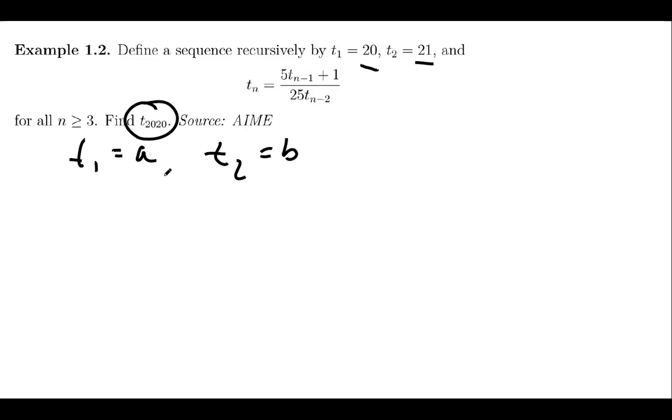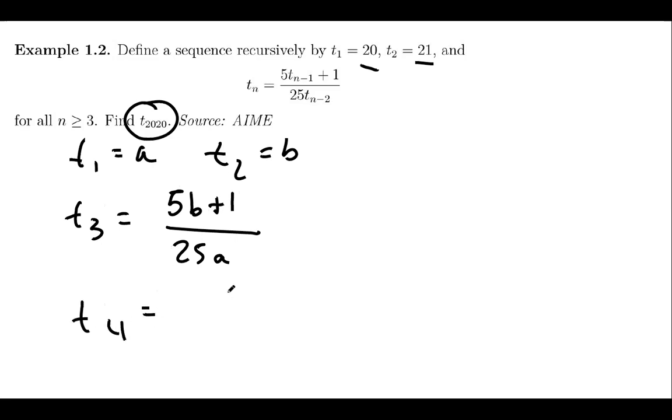So if you go to t3, the previous term would be b, so the top is 5b plus 1, and then over 25a. All right, now let's look at what the fourth term is.